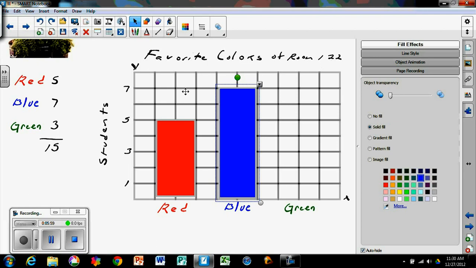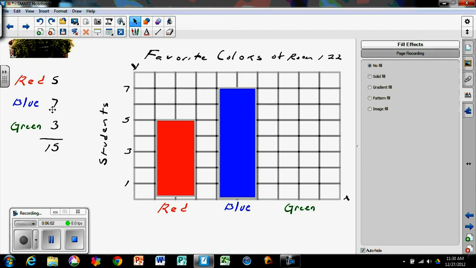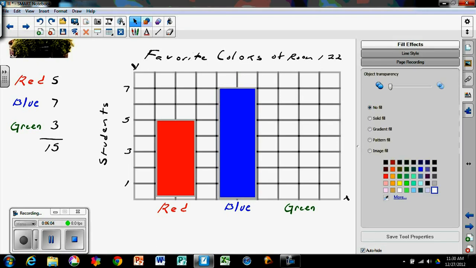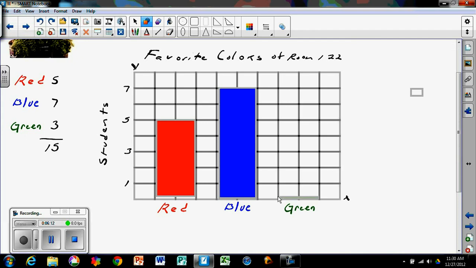And then finally, our last graph was to graph the green. And our result for green was 3. So the green was 3.